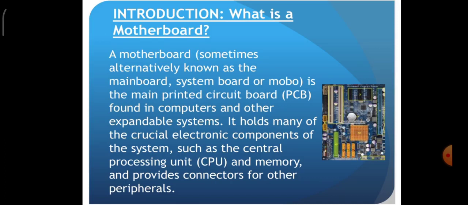PCB stands for printed circuit board, found in computers and other expandable systems. It holds many of the crucial electronic components of the system, such as the central processing unit (CPU) and memory, and provides connectors for other peripherals.